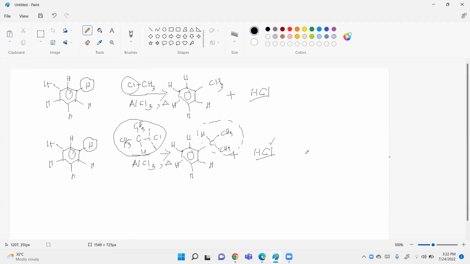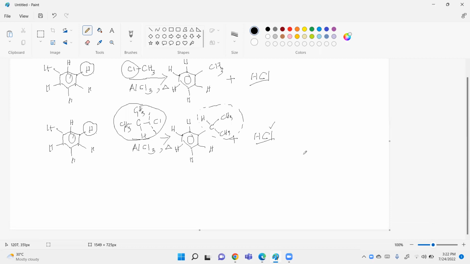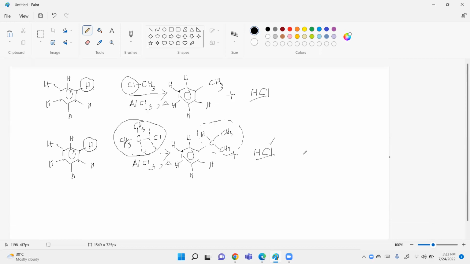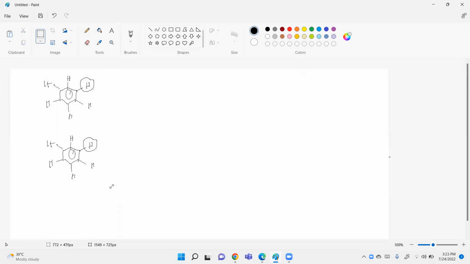This is about alkylation. If I go to the next type of reaction, it is acylation. There's no difference between alkylation and acylation when you take the reaction mechanism into consideration. So I will remove these products from these two alkylation reactions and go to an acylation reaction.